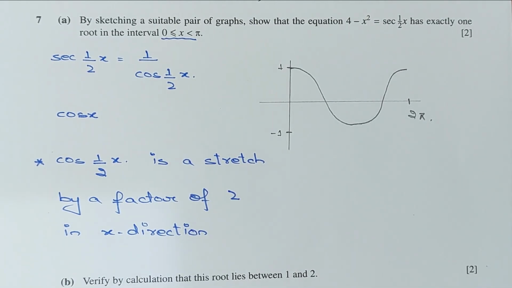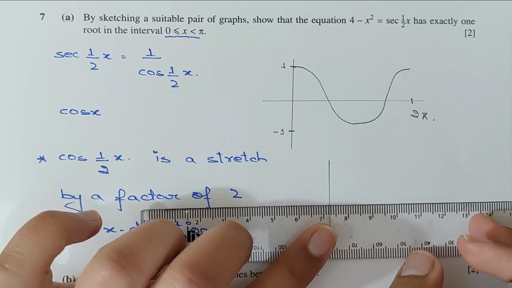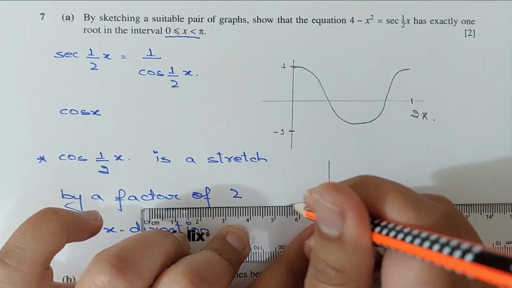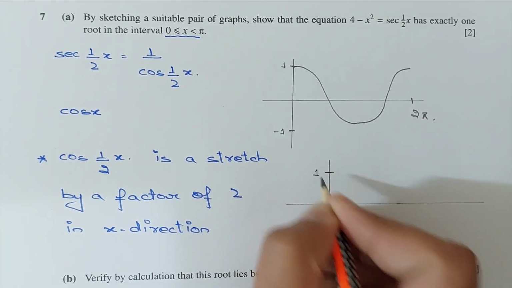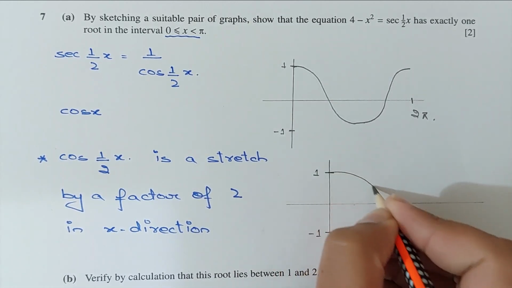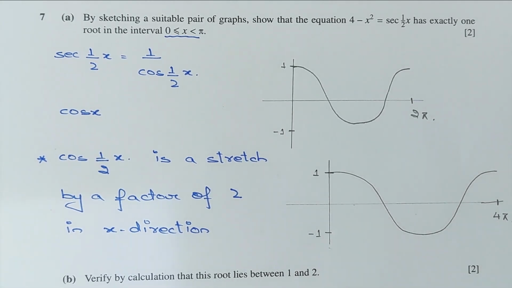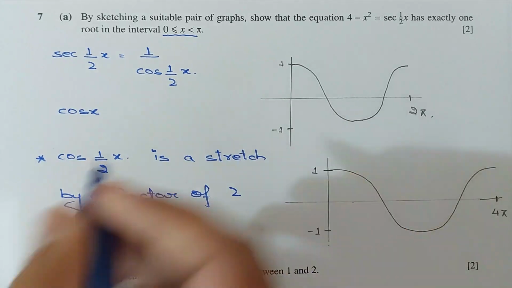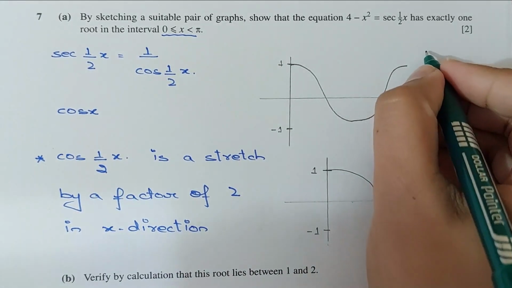So if I draw the rough sketch and show you guys, again the maximum value is 1 for cos half x and the minimum value is minus 1, and one complete cycle is going to be this. Now this is your 4 pi, right? Okay, and one more thing, we know that cos x is 0 at odd multiples of pi by 2.